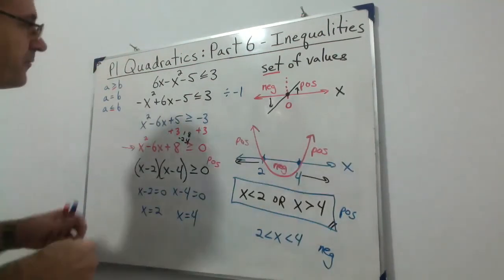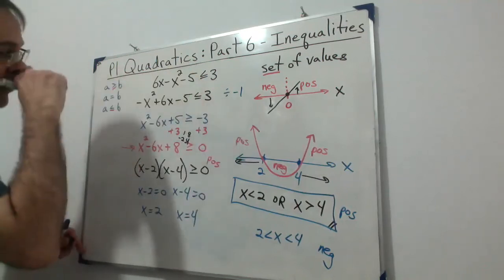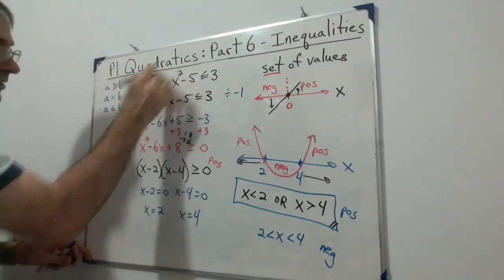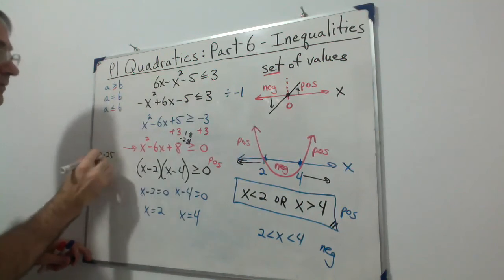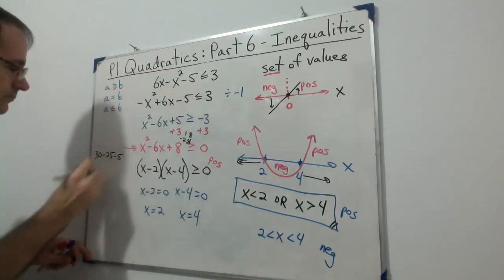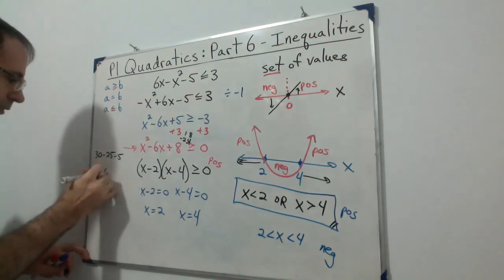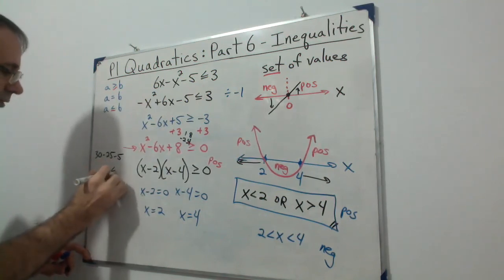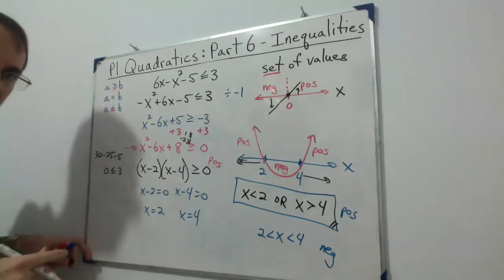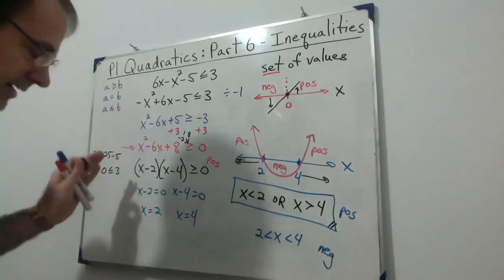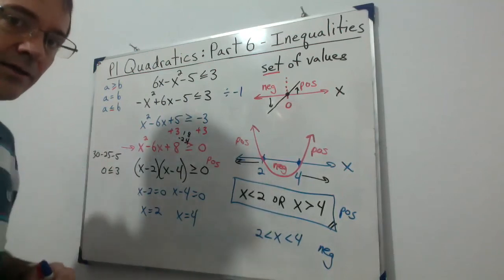If we put 5 back in the original, we get 5 times 6, that's 30, minus 5 squared, that's 25, minus 5. So we get 30 minus 30, we end up with 0. Is 0 less than or equal to 3? Yes, it is.